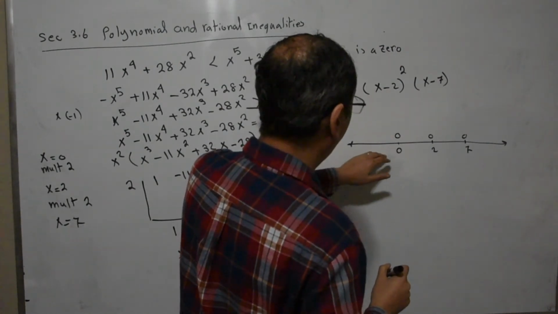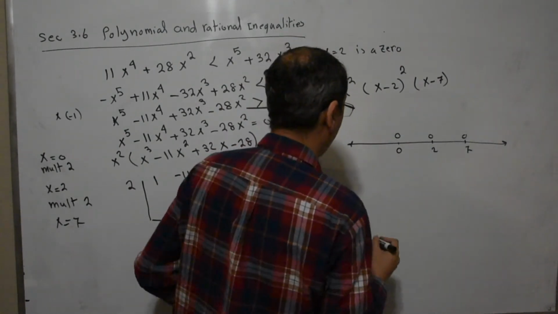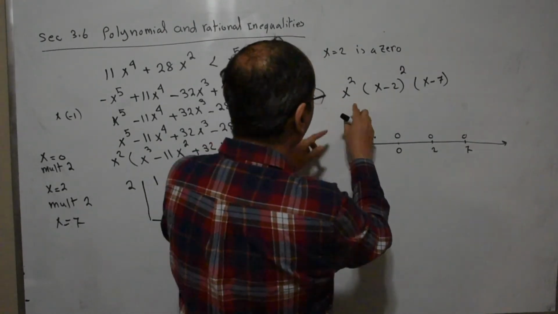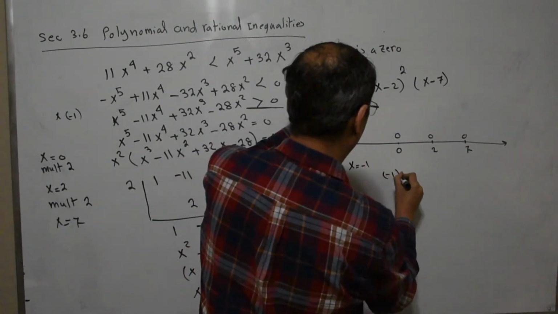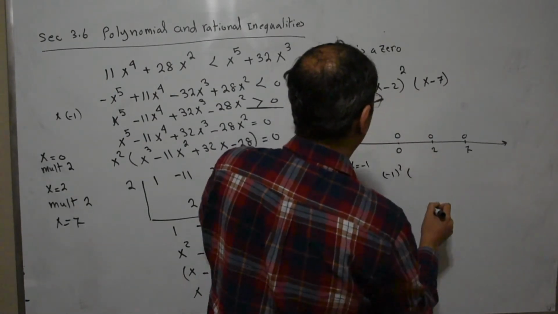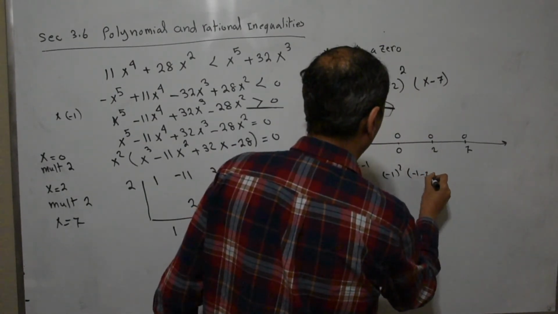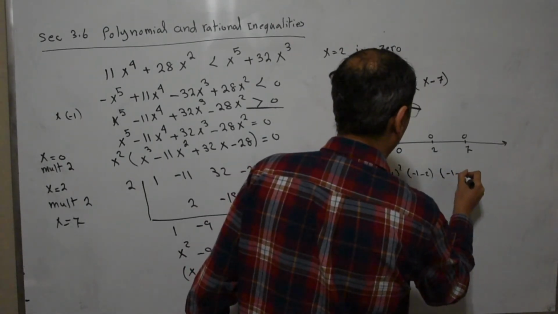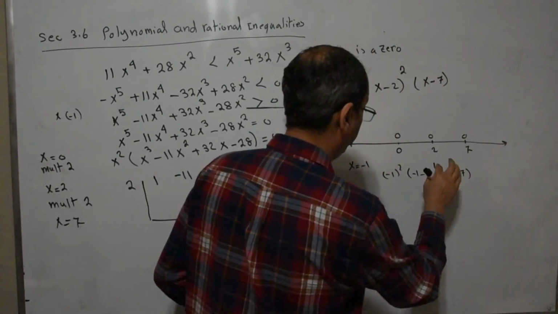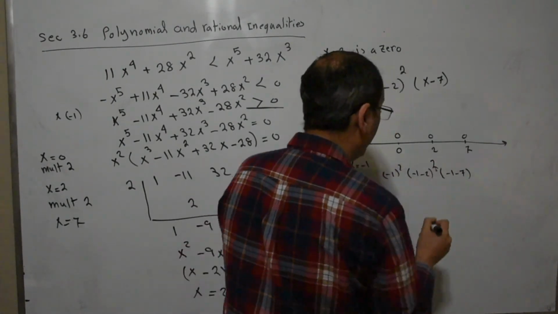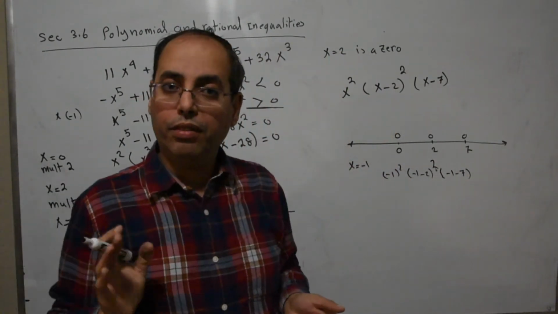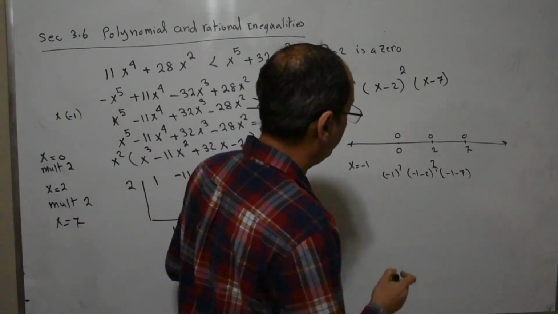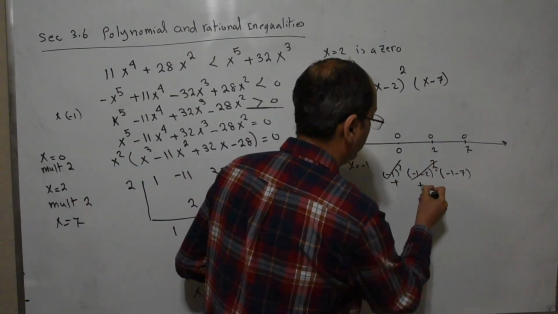I'm going to pick any number less than 0, so x equals negative 1. So if x is negative 1, it's negative 1 squared, and negative 1 minus 2, and negative 1 minus 7. Remember that any negative number, when squared, must be positive. So I don't have to worry about that. This is positive and positive.